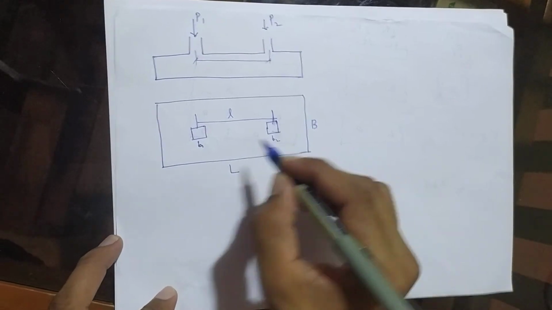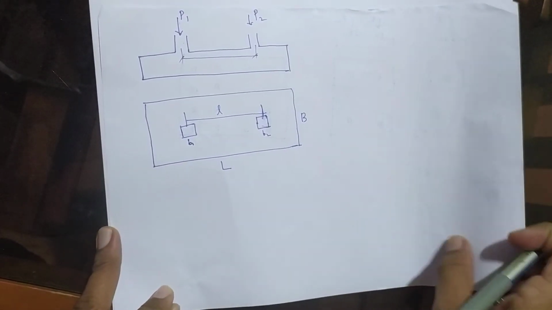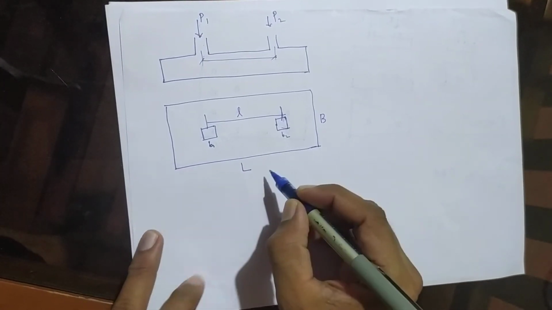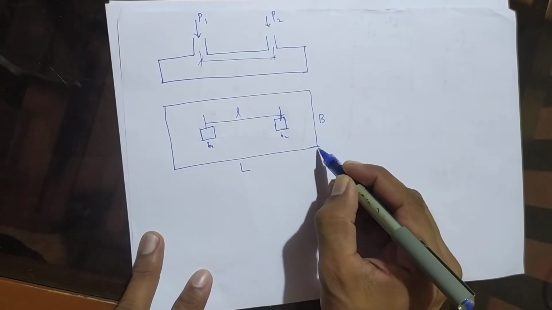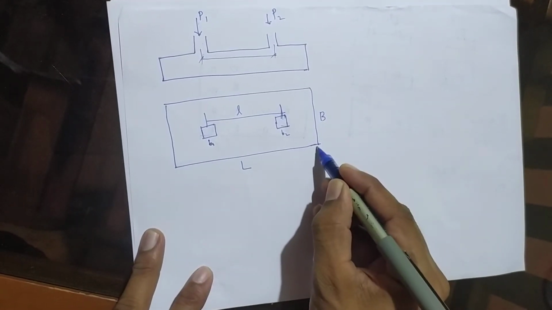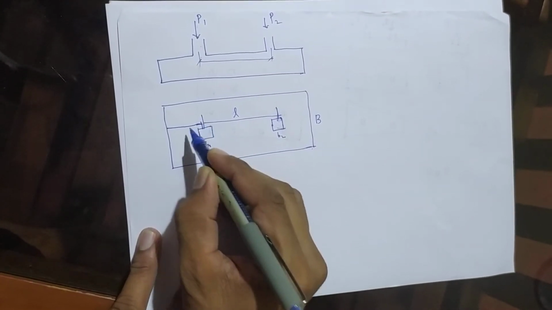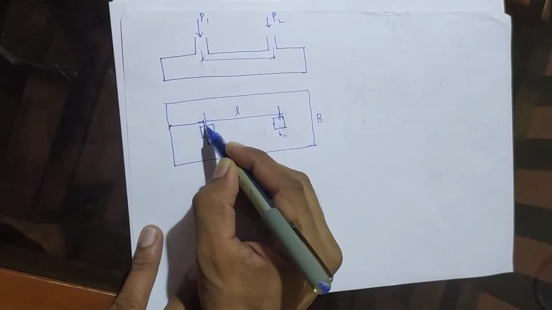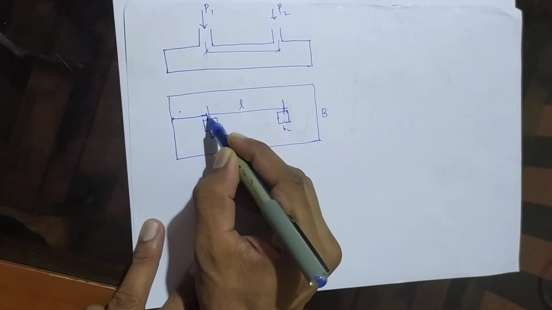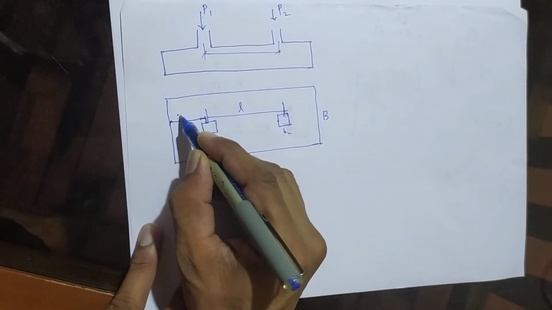Well, as a geotechnical engineer, we are supposed to find out what should be the width, what should be the length, and also what should be the spacing from the edge of the footing to the center or edge of the first column.